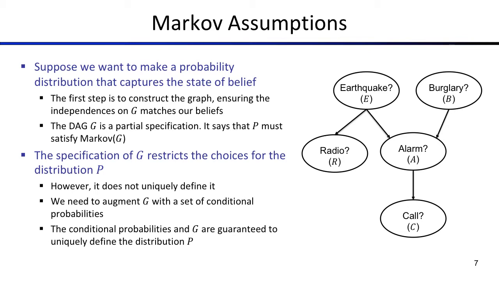We represent with the graph a set of independencies, but there will be many possibilities of different distributions that we can represent with that set of independencies. So we have to complement this graph structure with a series of probability tables, and we will have one conditional probability table for each node.